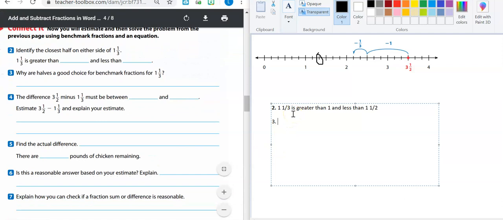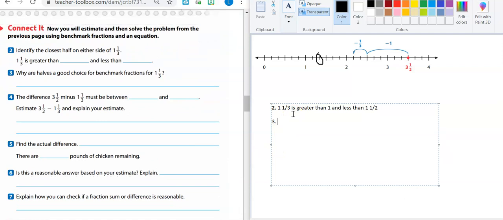So for 3, we would say halves are a good choice for benchmark fractions because we are subtracting from 3.5.